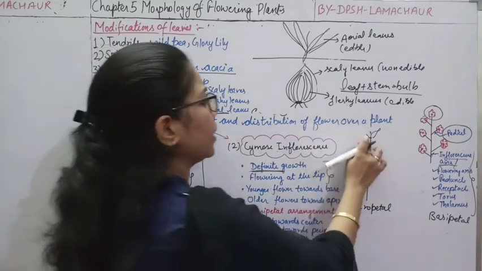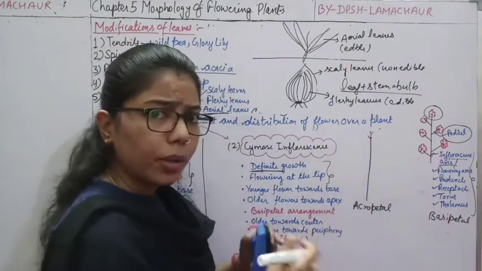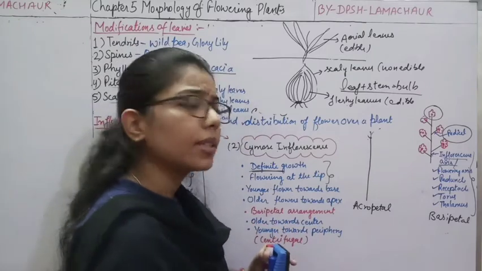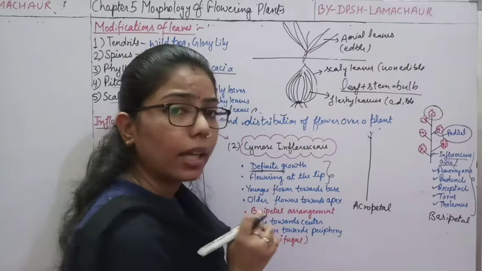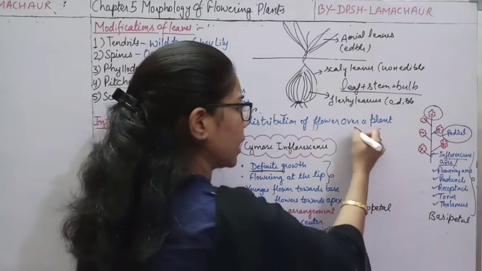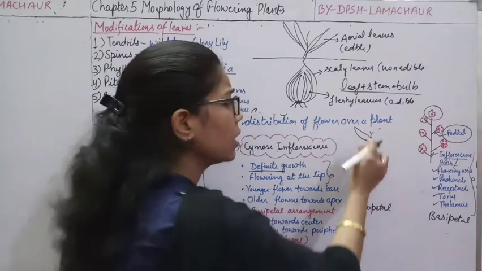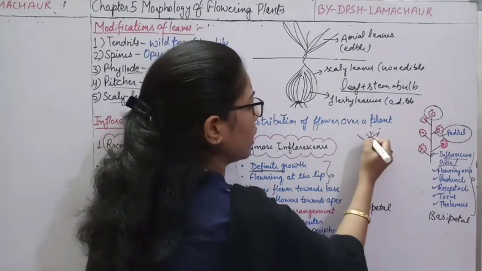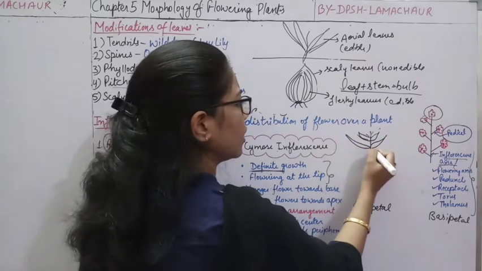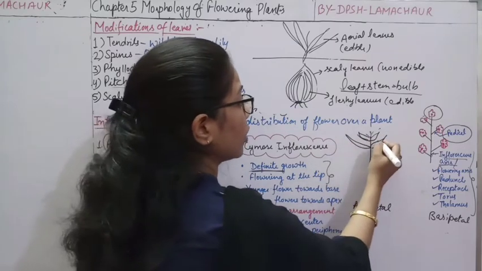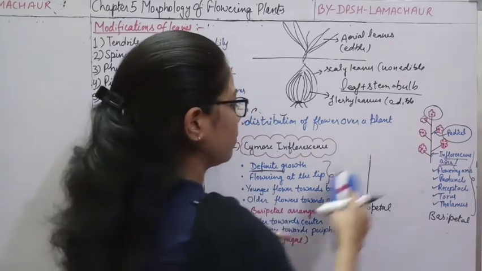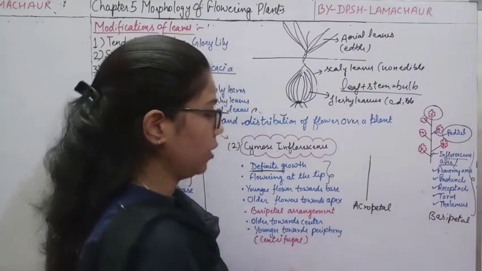So what will happen, that when there is a formation of flower, what happens in case of acropetal arrangement, at the top end there will be younger leaves. Sorry, I am not talking about the leaf, I am talking about the flower. I am trying with the colored one.